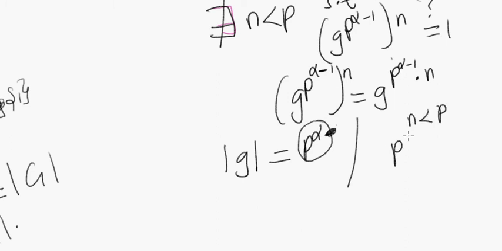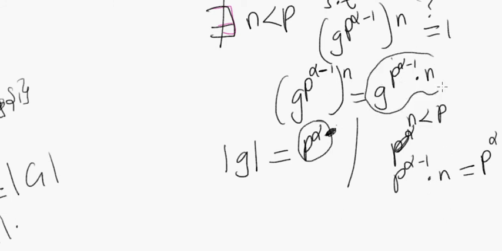less than p such that p to the alpha minus 1 times n actually gives us p to the alpha, right? Because if we're looking for the smallest n that makes this expression the identity, we're looking for the smallest n such that p to the alpha minus 1 times n gives us p to the alpha.